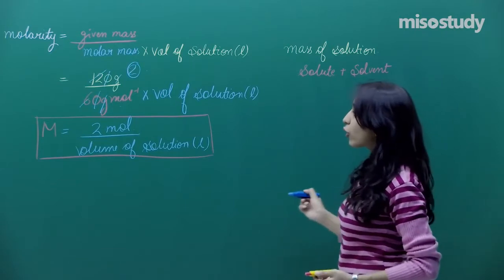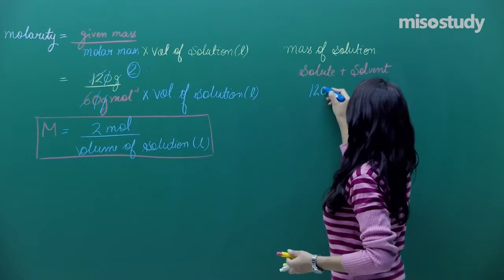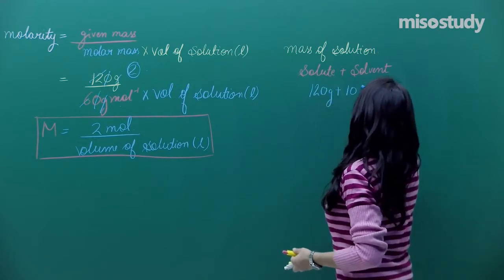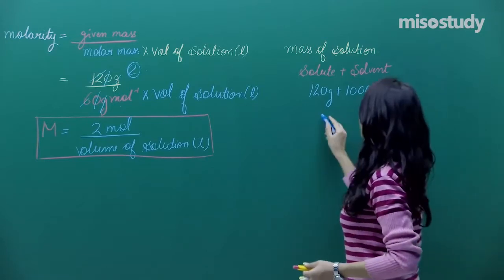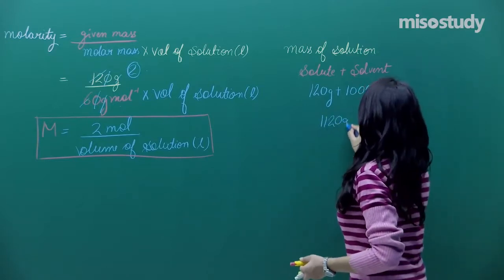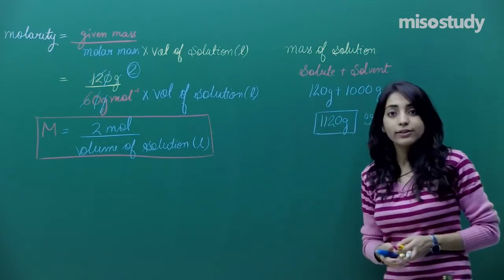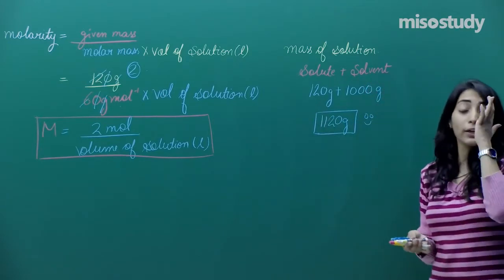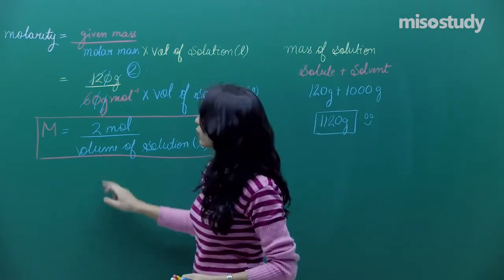What is the mass of solute? Solute is given as 120 grams, which is urea, and solvent is 1000 grams of water. That makes the mass of solution 1120 grams.